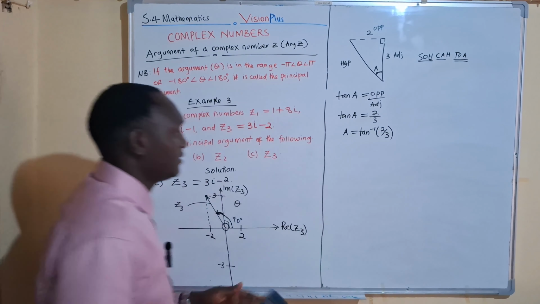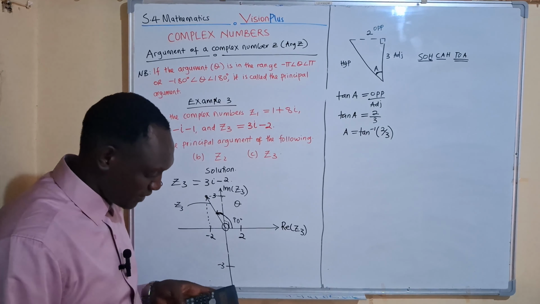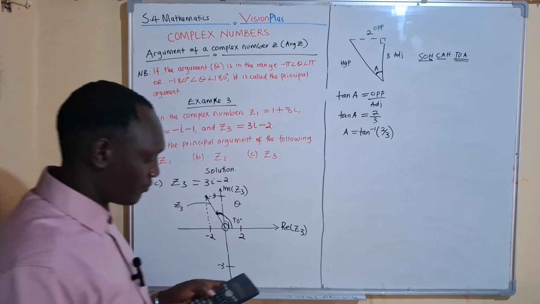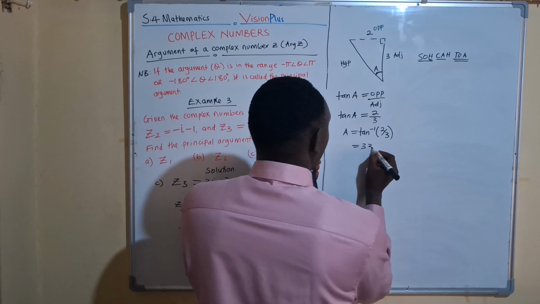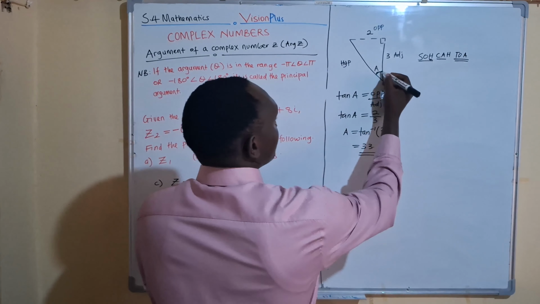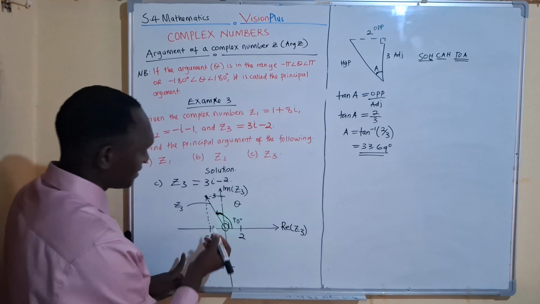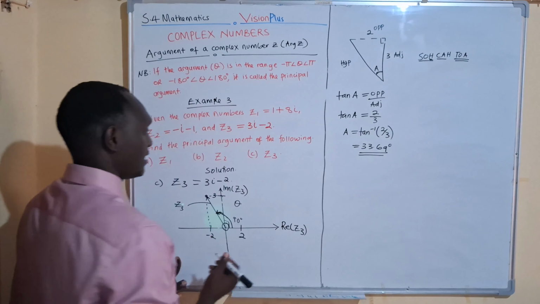Then you get your calculator and say tan inverse of 2 divided by 3, it gives us 33.69 degrees. That means this small angle is 33.69.